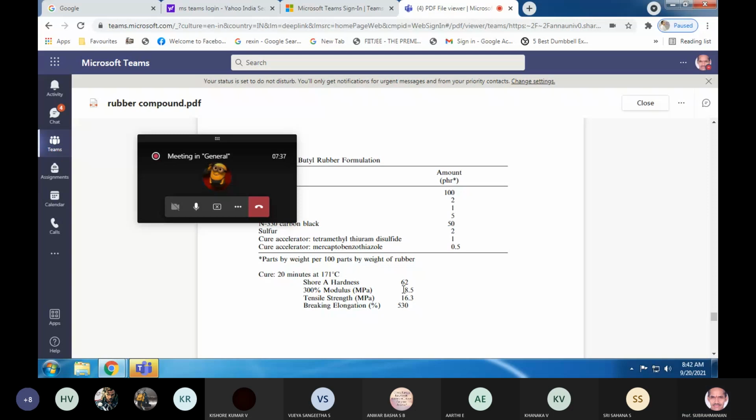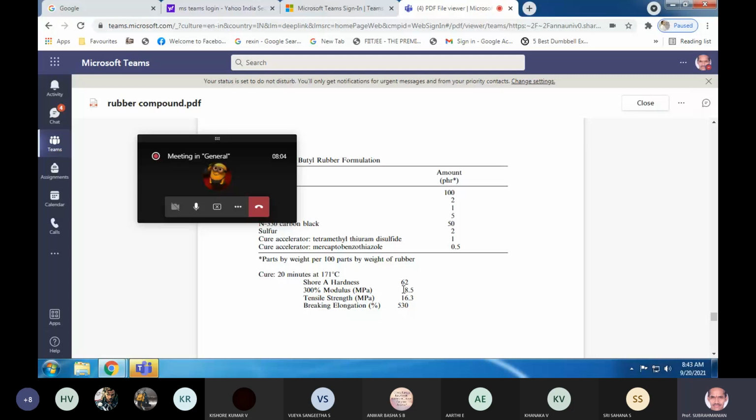All right, and butyl inner tube, after certain life cycle, the scrap or the process scrap is again used, namely in the form of a butyl reclaim. Butyl reclaim.